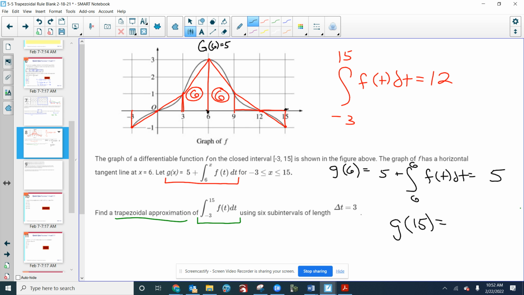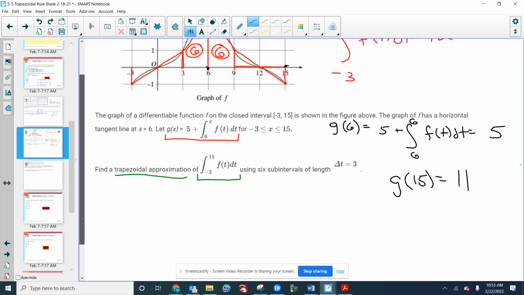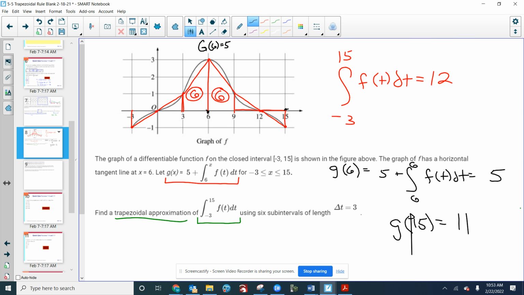Plus that, minus that, I'm still at 11. G of 15 is 5 plus the integral from 6 to 15 of f of t dt. That's 11. Okay?